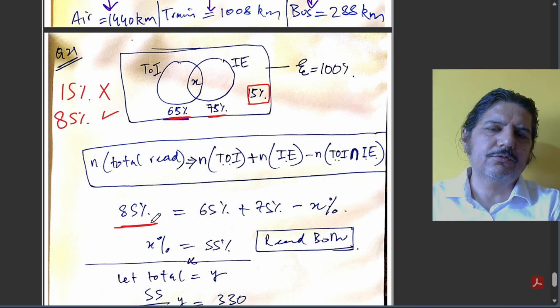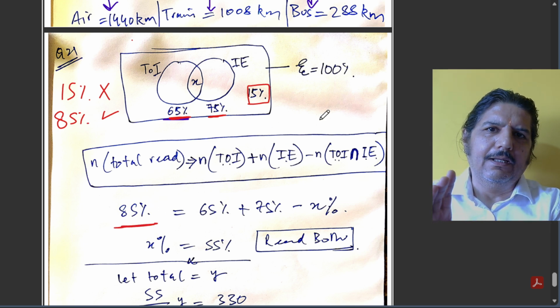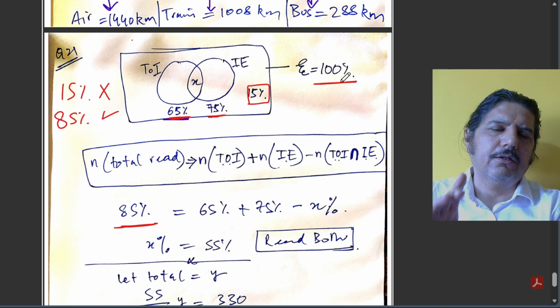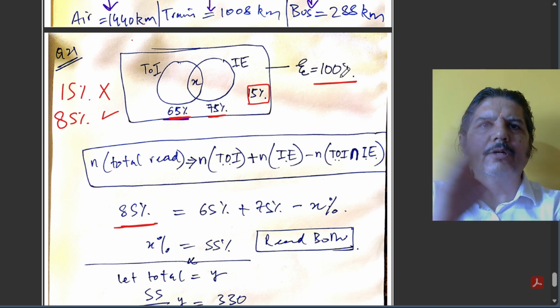So these are the readers who read the newspaper. The total people are 100%.